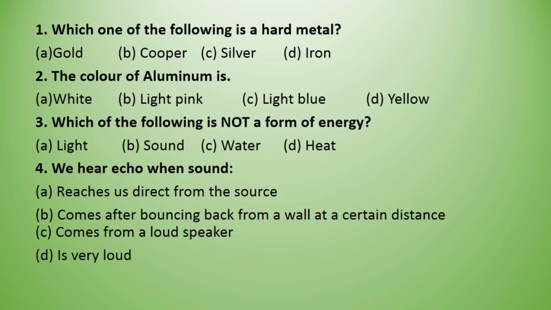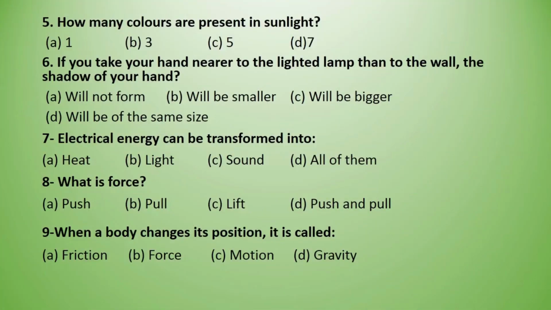Answer is B. comes after bouncing back from a wall at a certain distance. 5. How many colors are present in sunlight? A. 1, B. 3, C. 5, D. 7. Answer is D. 7.